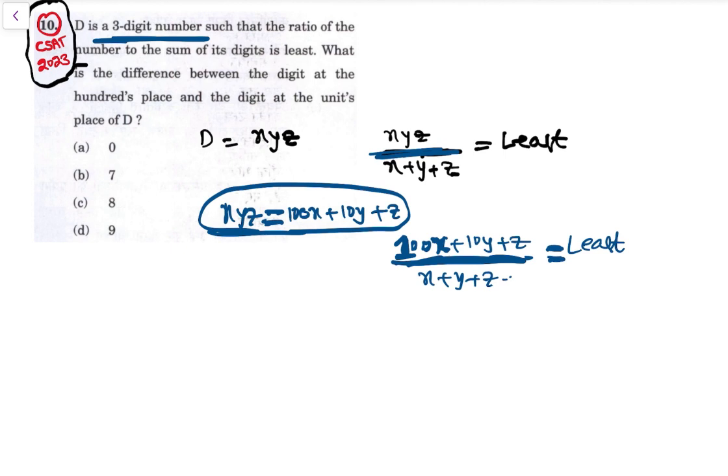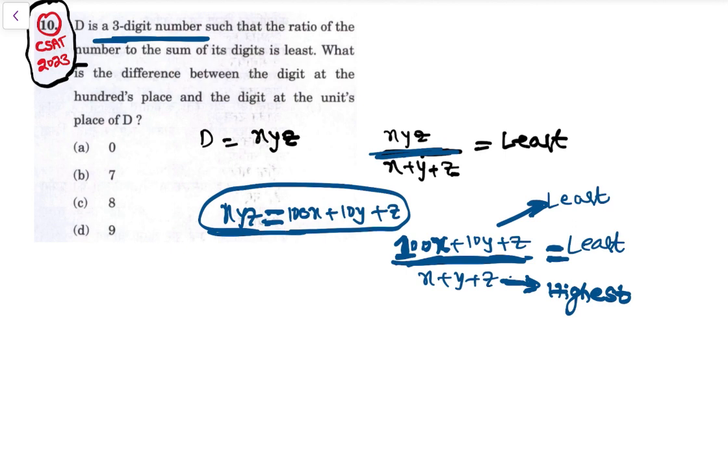So to get this ratio least, we need to get this least and this as highest, ठीक है. ये least होना चाहिए and ये highest होना चाहिए, ठीक है.